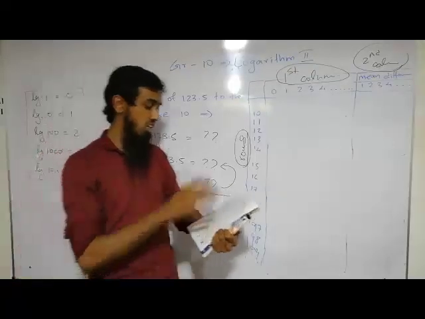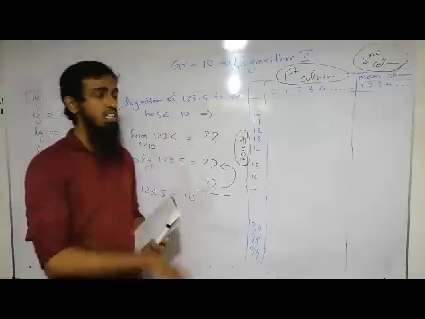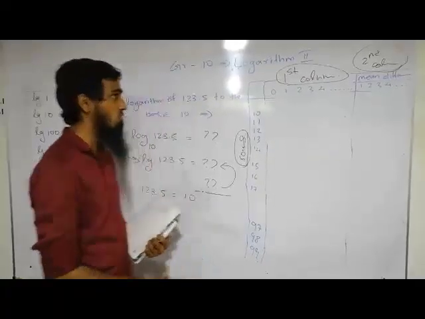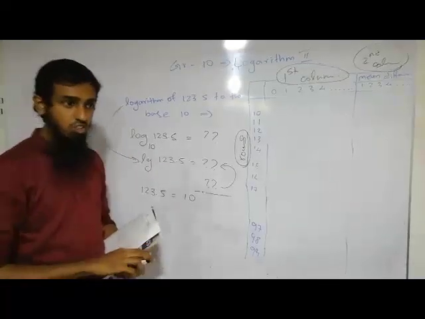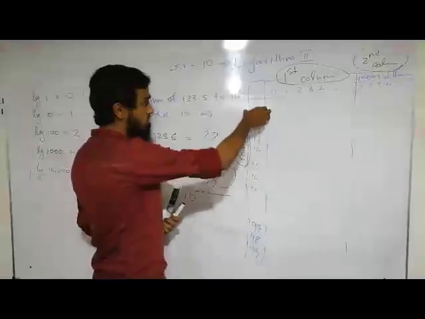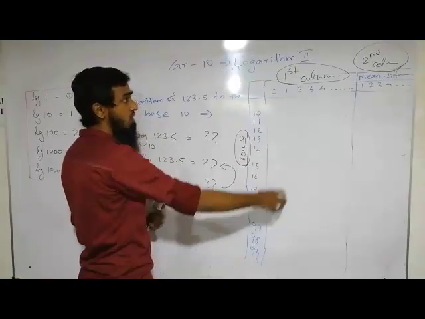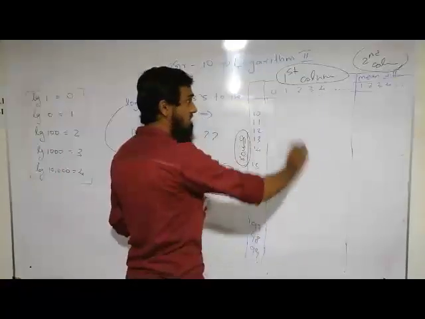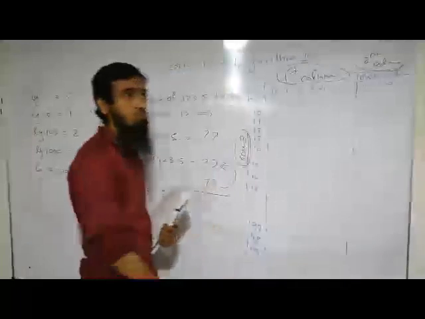Somewhere else you have 2-digit numbers also. So there are 3 areas you need to know to find the logarithm. The first set is rows starting from 10 to 99, the first column set is 0 to 9, and the second column set is 1 to 9.